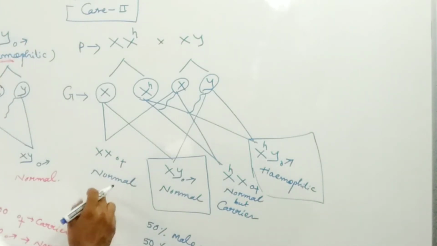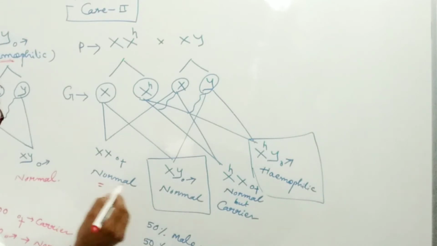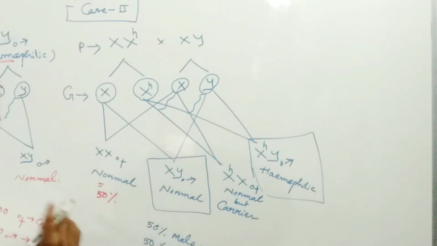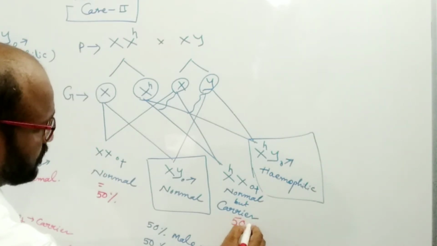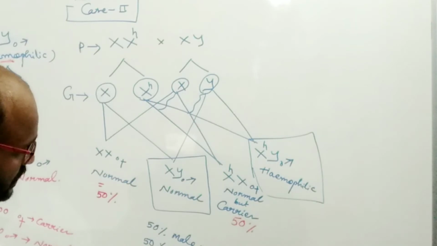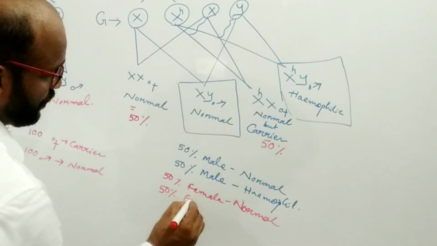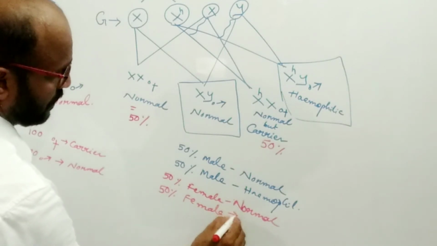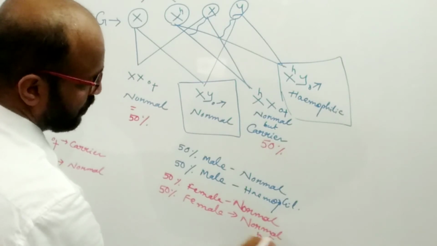In case of females, 50% of females will be normal and the other 50% of females will be normal but hemophilic carrier.